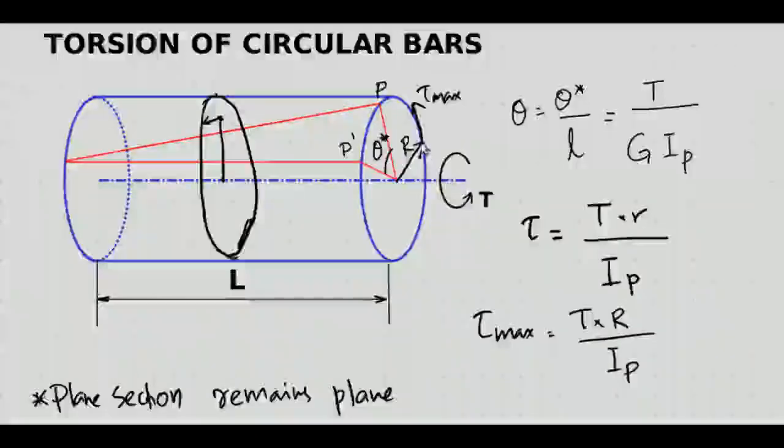Which point is farthest from the center of twist? That is the corner points of the rectangular section. But that is inconsistent with the boundary condition. To satisfy the boundary condition, shear stress at the corners of the rectangle should be 0.